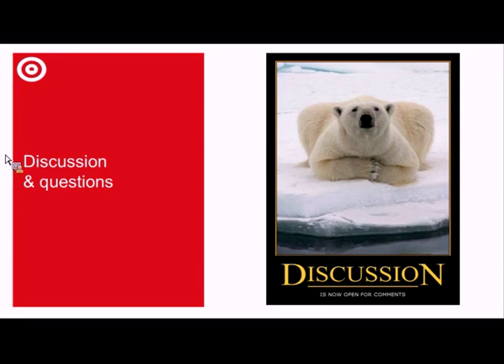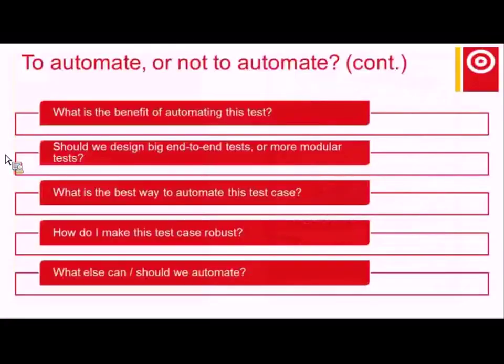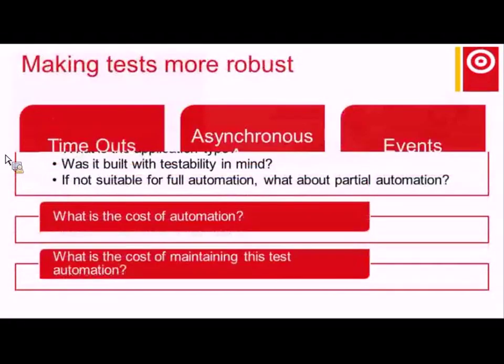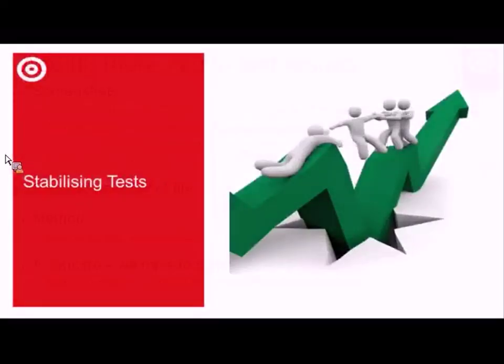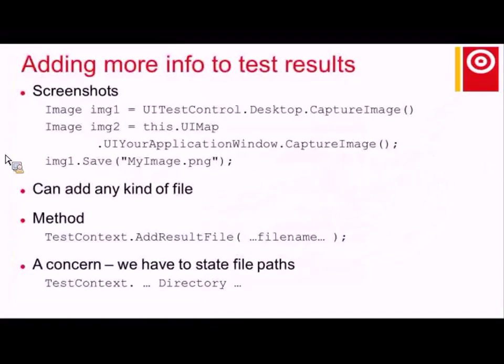I apologize, I've forgotten the precise name of it. But that method, which I showed you on one of my previous slides, here we go, add result file. This add result file method will attach the file into the results of the particular test run, and so the saved image won't be overwritten each time you run the test.